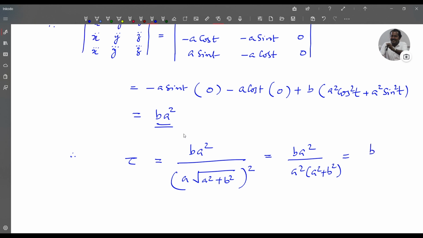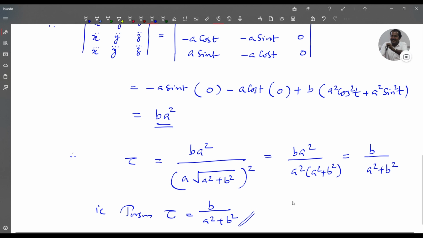So this is b by a square plus b square. That is torsion tau is equal to b by a square plus b square. We know that a square plus b square is not 0. So this is well defined.